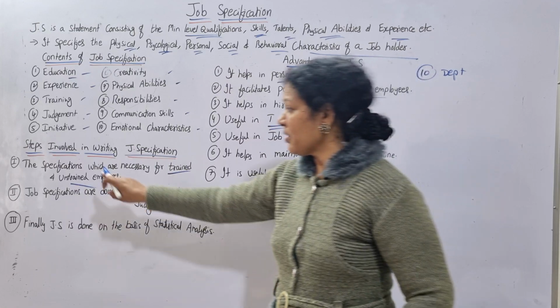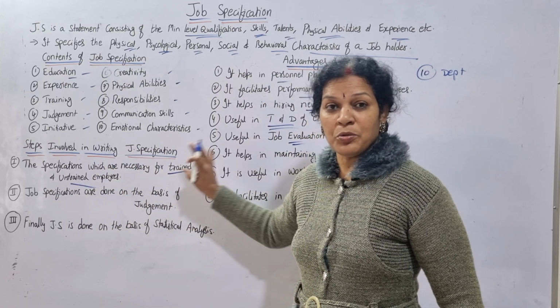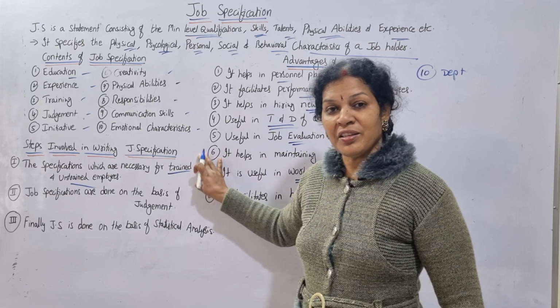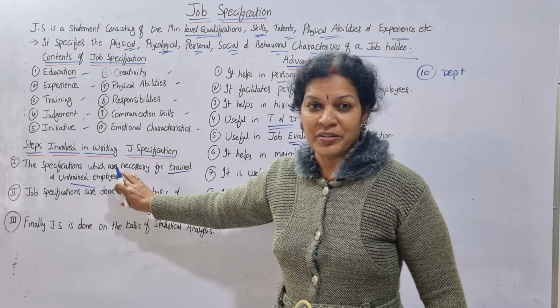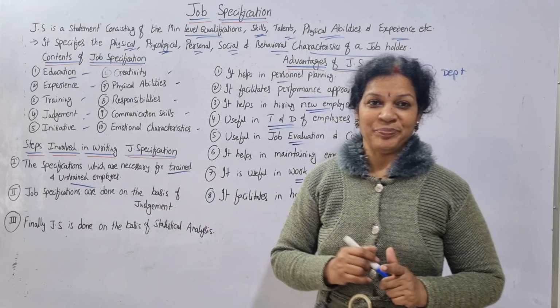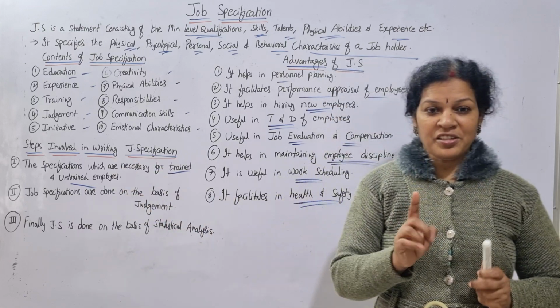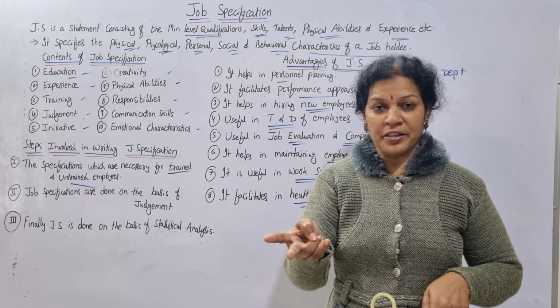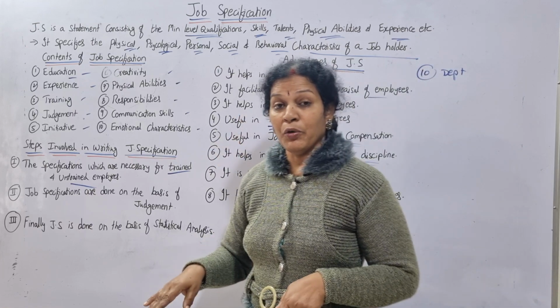What specifications are necessary for the trained employees and what things are required for the untrained employees? Both we have to plan at the first stage only. In the initial stage, identify both and what is required for them, trained or untrained. Then after that, we go for the second step.